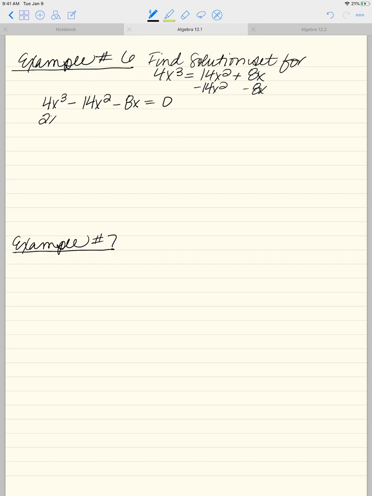Factor out 2x to begin our factoring process. That gives us 2x times (2x squared minus 7x minus 4) is equal to 0. Now continue to factor this trinomial. 2x times (2x squared minus 8x plus 1x minus 4) is equal to 0.